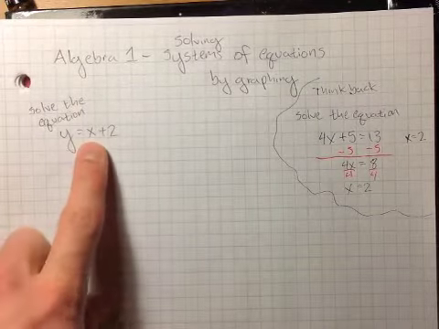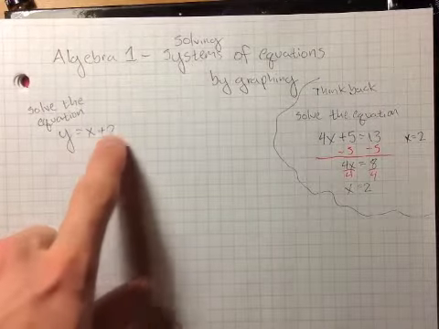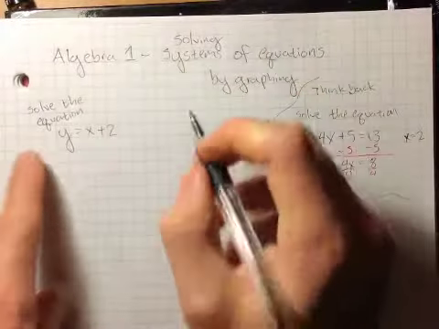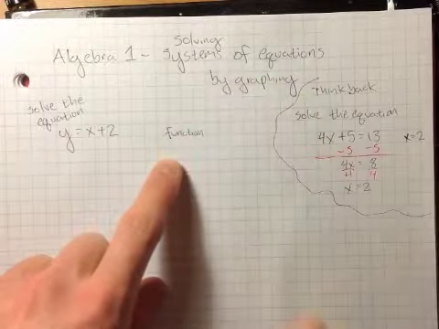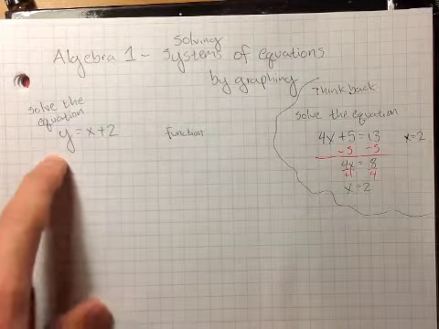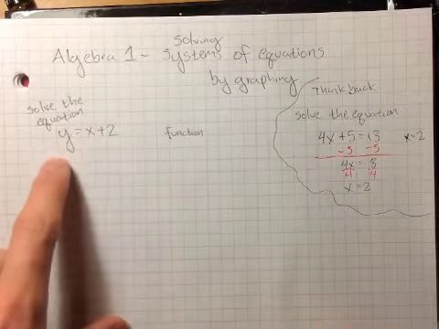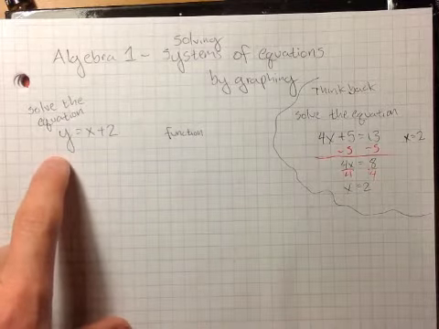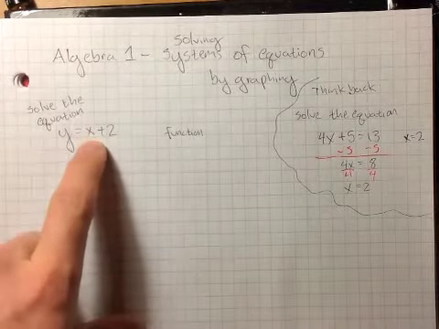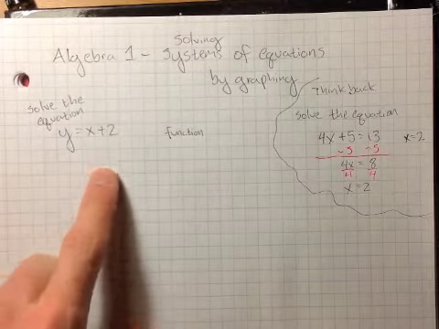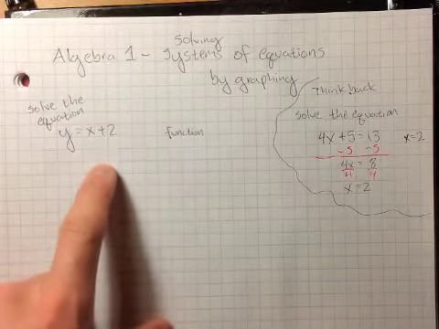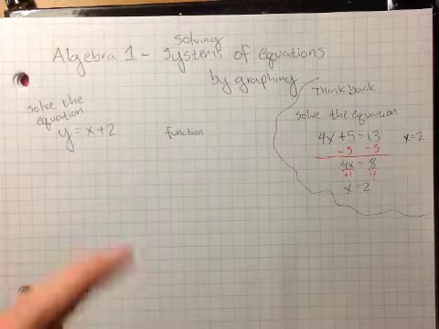It just depends on what x is. So really what we have here, the way that it's written, is a function. y is a function of x. That means the value of y depends on what value x has. So right now this doesn't make any sense, but we can make it make sense by changing it up a little bit.